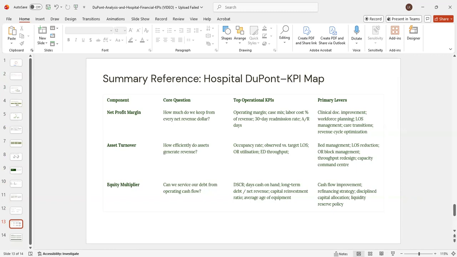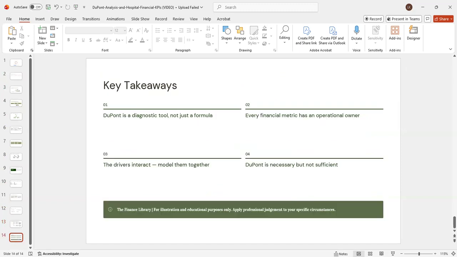Hopefully it serves as a cheat sheet that you can reference later, something you can use when you're structuring board reports or service line reviews, or even operational improvement initiatives.